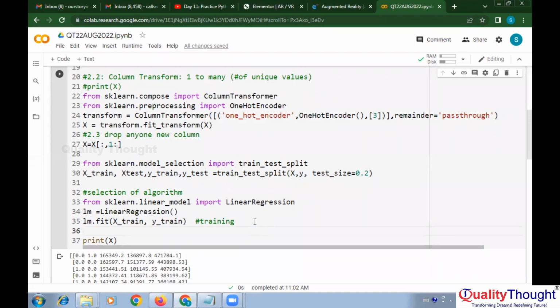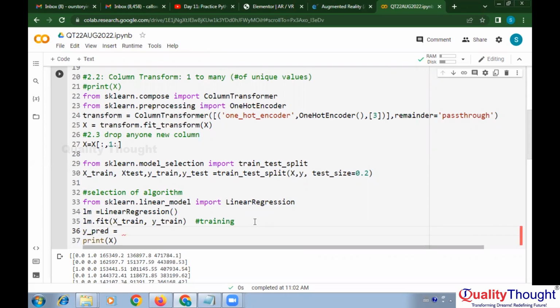The next step is we will not show Y test. We will give X test and tell it, please predict it for me. So I'm going to say Y pred. These are the predicted values.